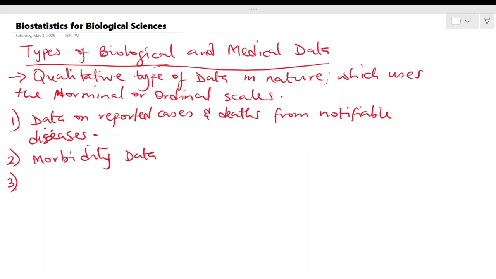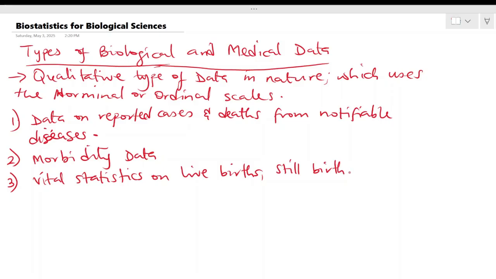We also have vital statistics on live births, stillbirths, and maternal deaths. So that's a type of data.